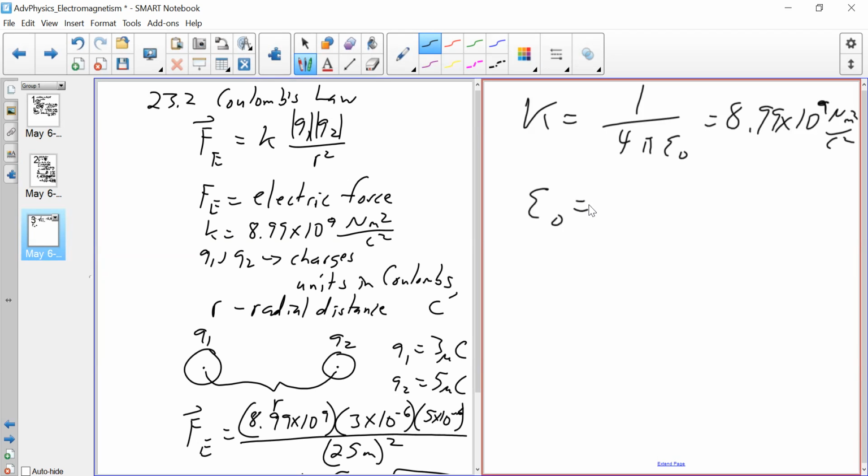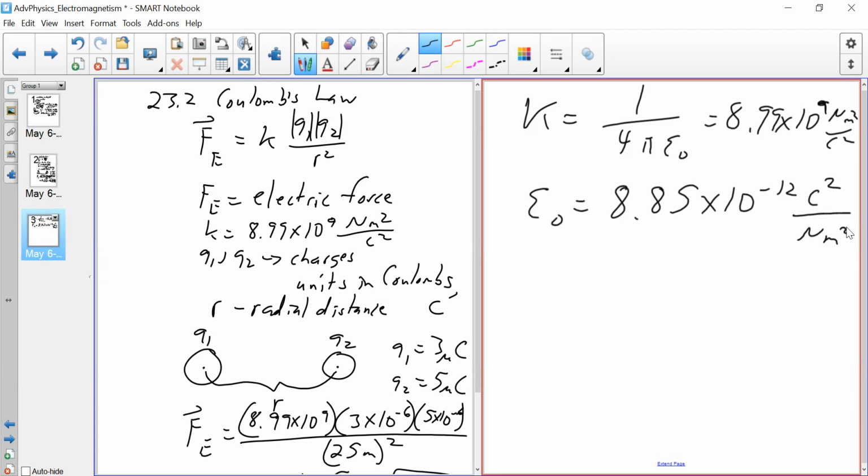It's basically how much of the electric field is permitted through space. That's 8.85 times 10 to the minus 12, and the units are the opposite, really: coulomb squared per newton meter squared. But you don't have to worry about the units.